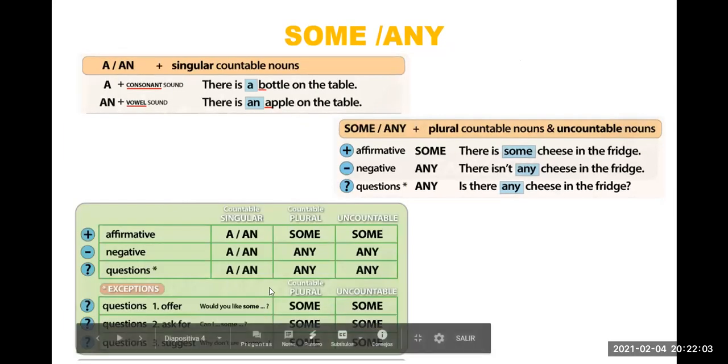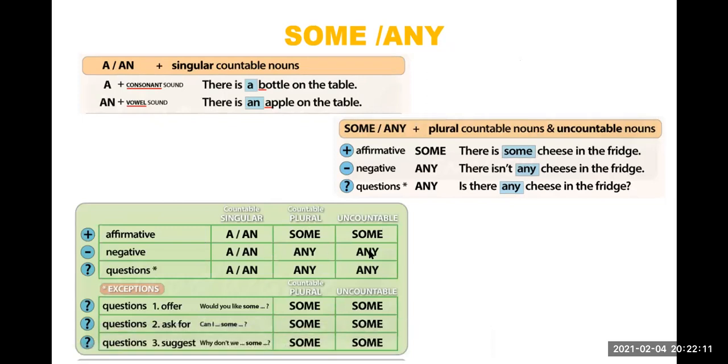So, here we have exactly the same. Tenemos el mismo cuadro de cómo utilizar any y cómo utilizar some con contables e incontables, ¿ok? Hay algunas excepciones en las que podemos utilizar some, por ejemplo, aquí en plural countable nouns, cuando hacemos preguntas, a veces podemos utilizar some, pero cuando estamos ofreciendo algo.